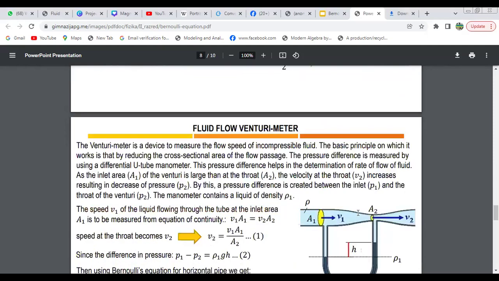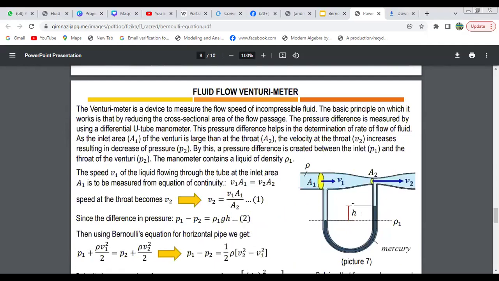So, fluid flow in the Venturimeter. This can also be an application, just using the continuity equation. A Venturimeter is a device to measure the flow speed of an incompressible fluid like water.